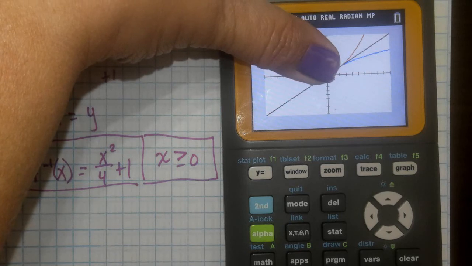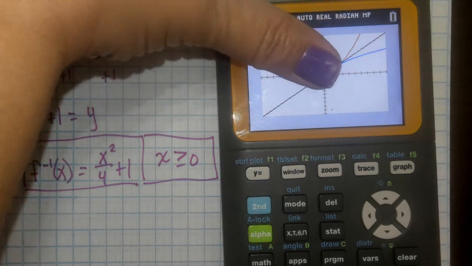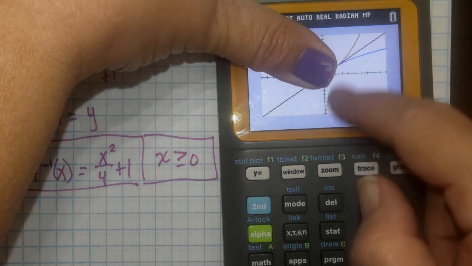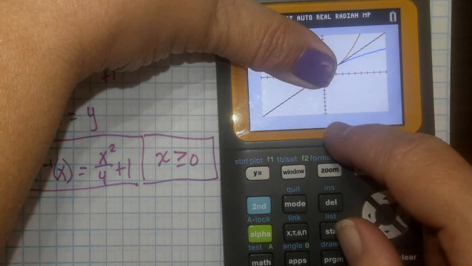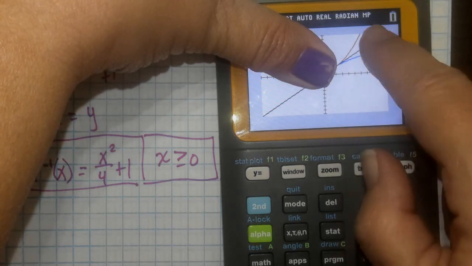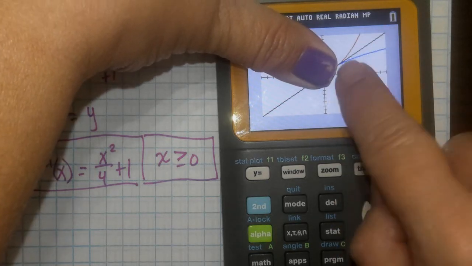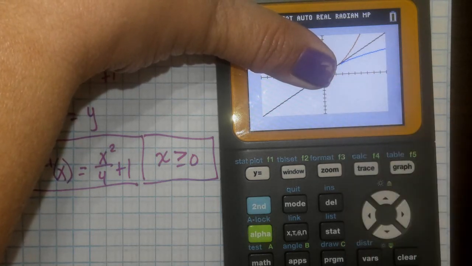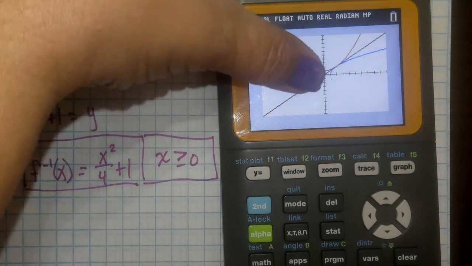This portion of the graph can't be counted in the inverse, because there's no blue part over here to reflect it with. So we have to say, hey, here's the graph, but only the part of the graph where x is greater than or equal to 0. We're not going to count this part.